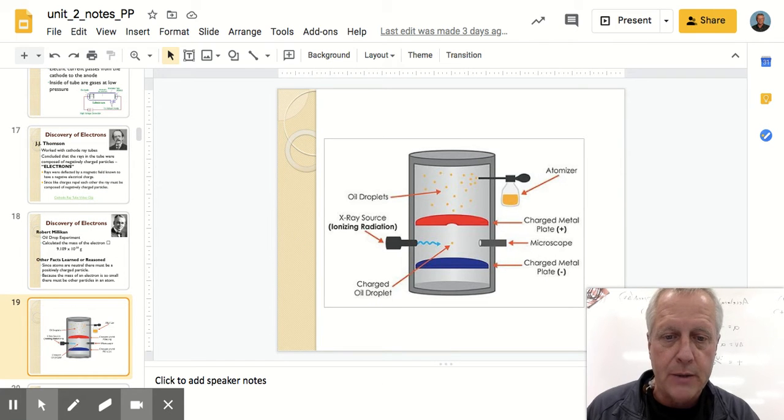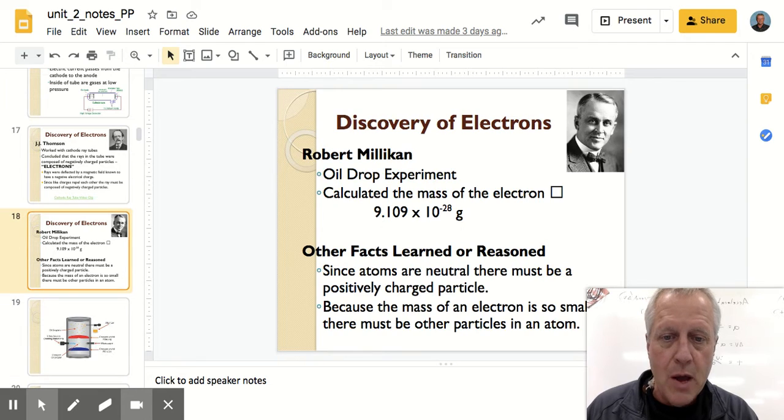This is his apparatus, and it falls down through a tube, and then he could make an opposing charge. It turns out that all of his numbers were multiples of the number you see here. So this 9.1 times 10 to the negative 28 was a multiple. Now we know that is literally the mass of an electron in grams.